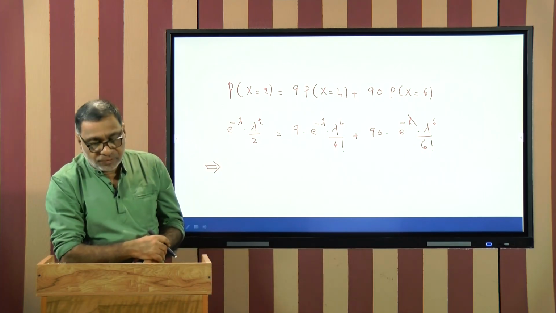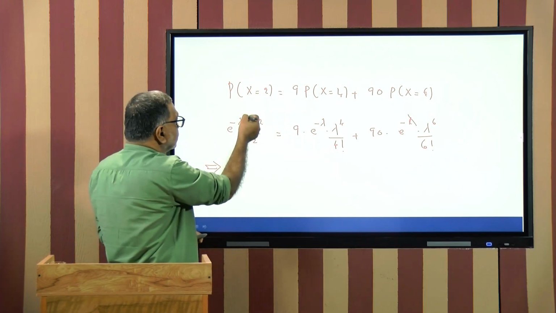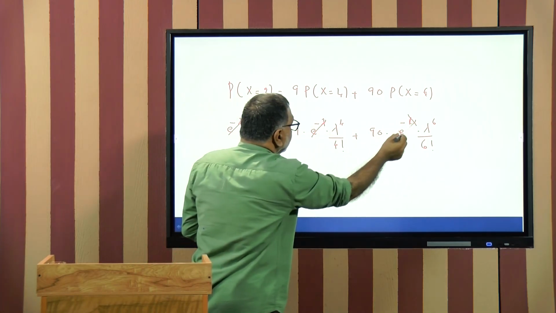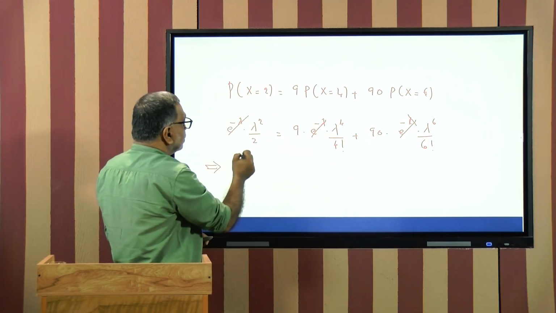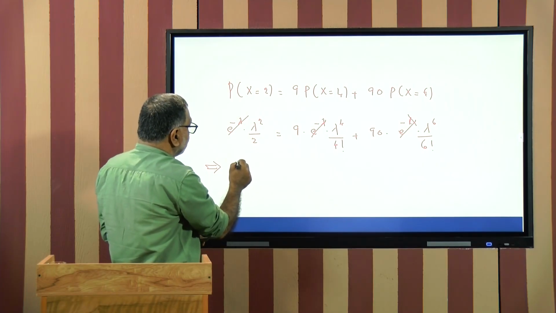We have this e power minus lambda cancelled in all the terms. So, e power minus lambda is removed, and lambda square will be cancelled, and this is 1.